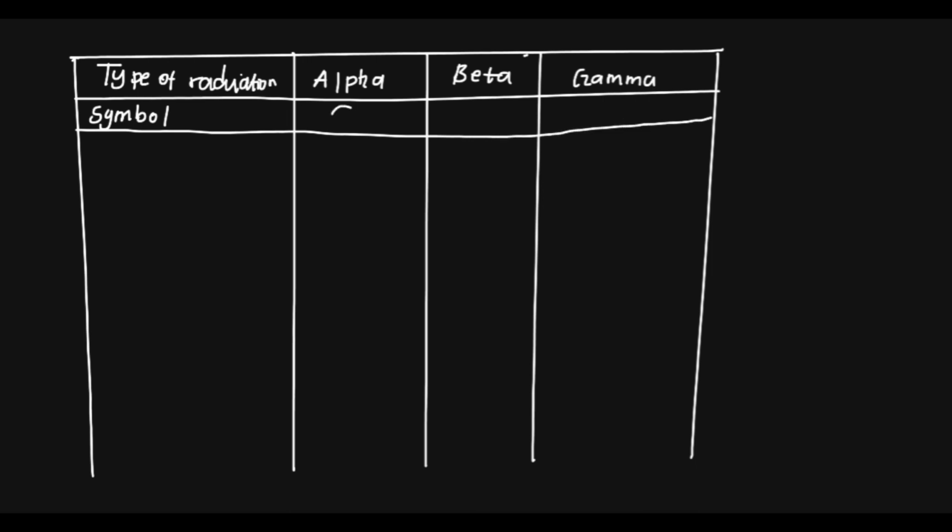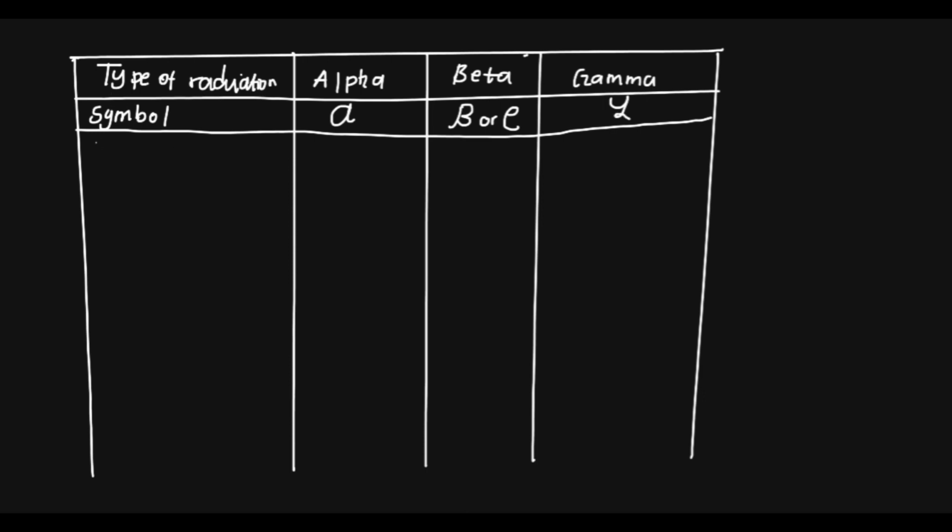So alpha has a symbol like small letter a. Then for beta, it has a symbol like β, or you may use small letter e for electron. Then for gamma, it has a symbol like γ.